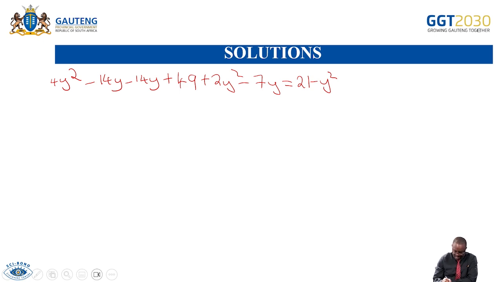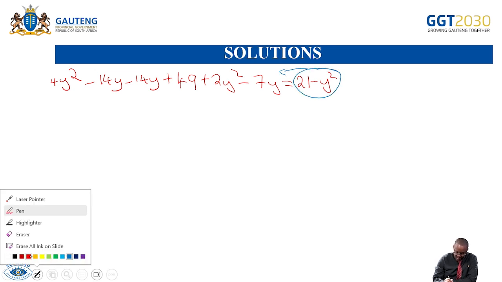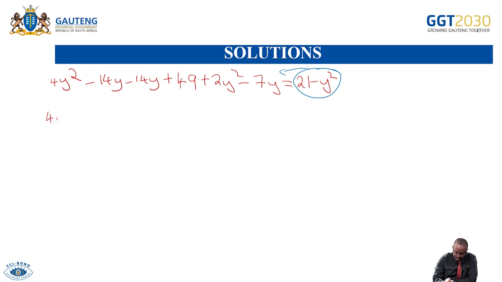We now add the like terms. Or before we add the like terms, let's transpose everything from the right hand side to the left hand side. So what do we do there? We're going to have 4y squared minus, if you add negative 14 and negative 7, you are going to say negative 14 minus 14 and minus 7.